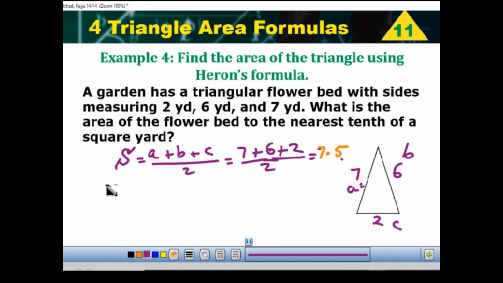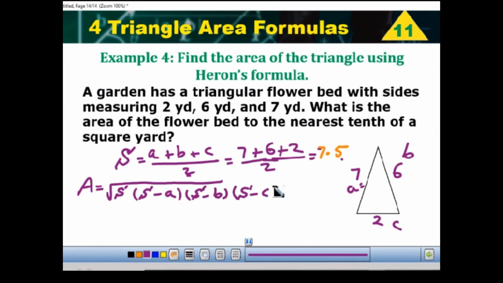And the area for Heron's formula is the square root of S times S minus A, S minus B, times S minus C. And that should give you the area.